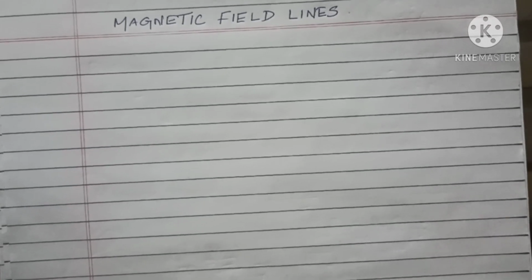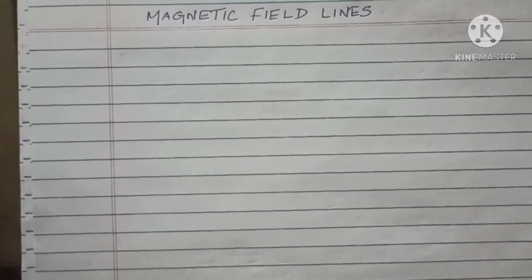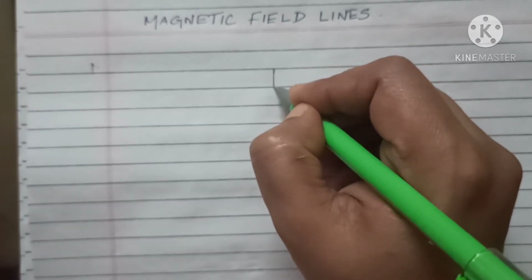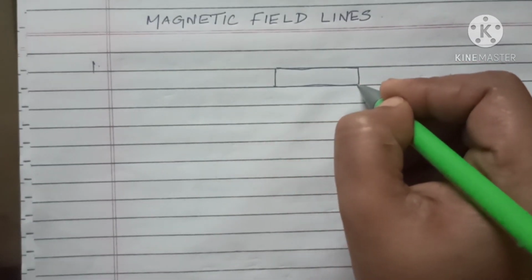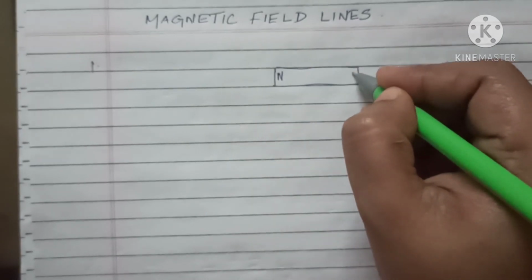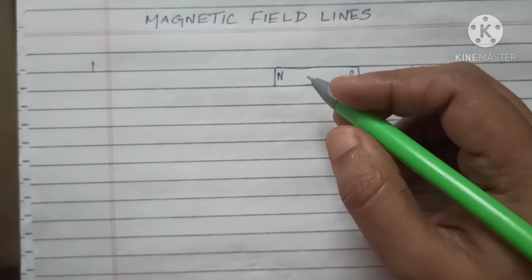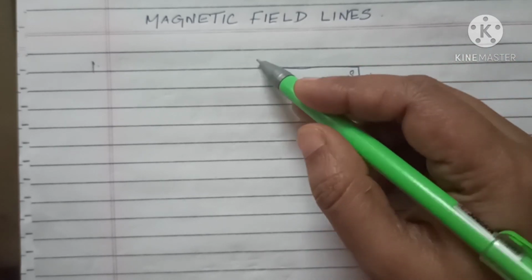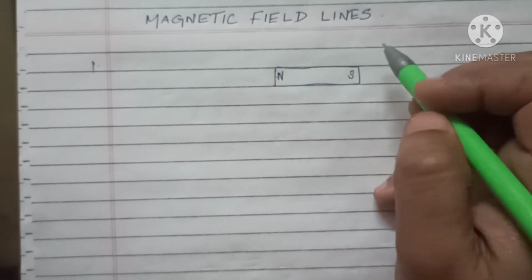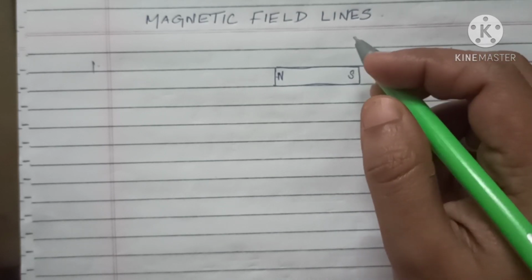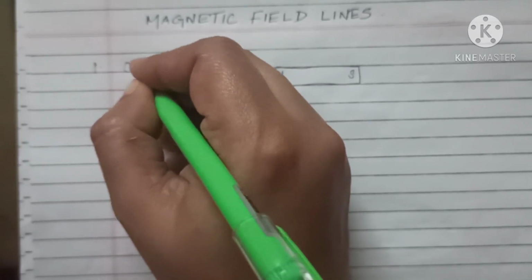First of all, you know, for a bar magnet, if you are considering a bar magnet like this, this is north pole and this is south pole. Okay, the magnetic field lines will begin from the north pole and end at the south pole, and they are continuous closed loops.